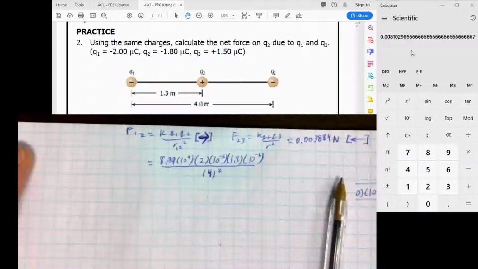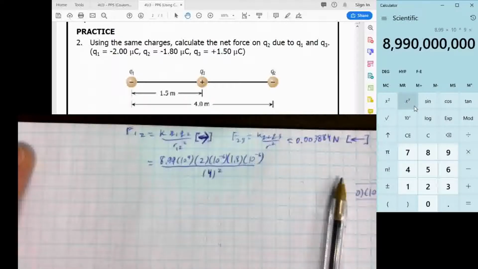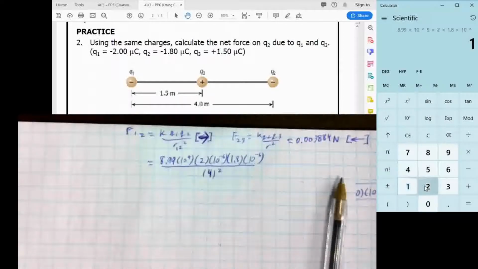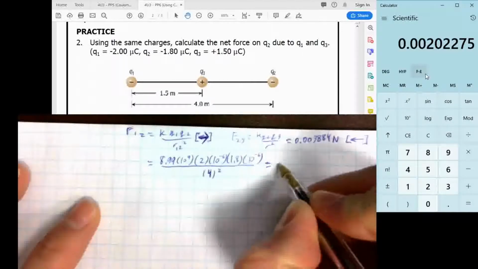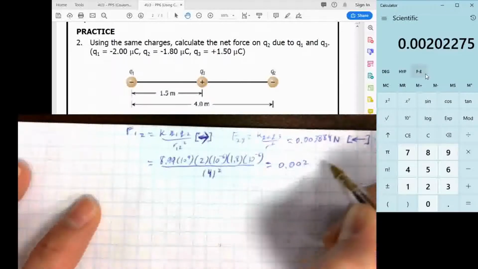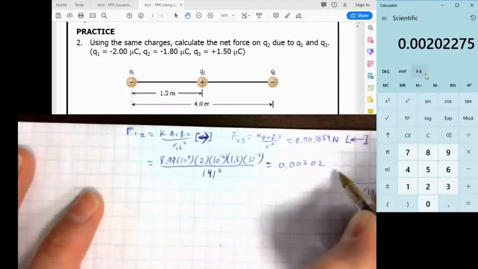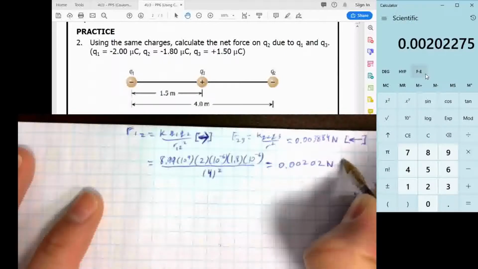So this becomes K, which is 8.99 times 10 to the power of 9 times 2 times 1.8 times 10 to the power of negative 12. I'm just going to do that step together. Divided by 4 squared. And this gives us a value of 0.00202 newtons to the right.